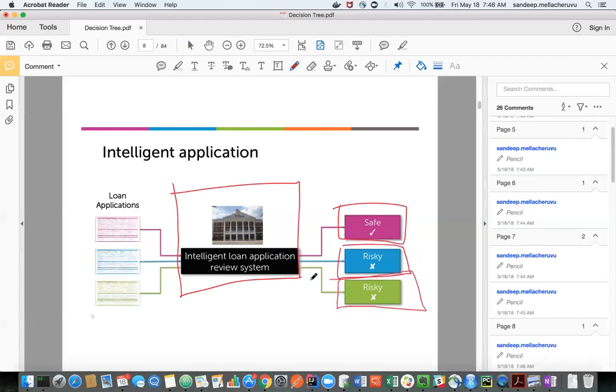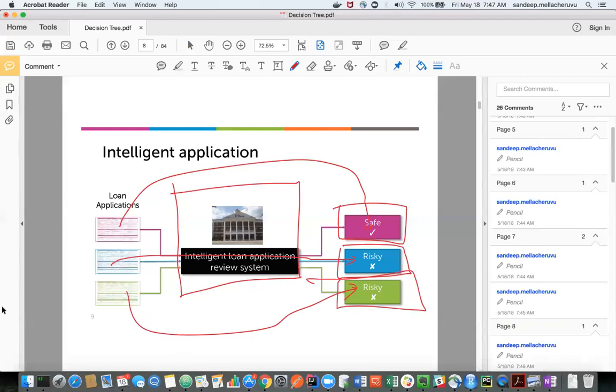You get a first loan application, maybe you put it here. Second loan application, you put it here. Third loan application, you put it here. You automatically categorize these loan applications so that there is no manual effort at all.